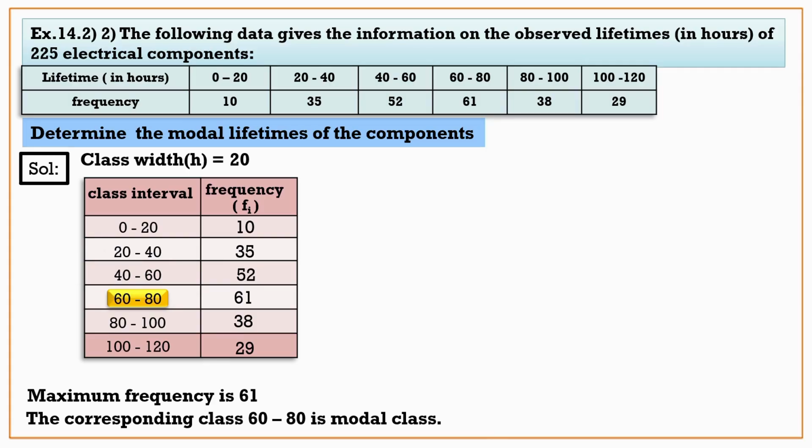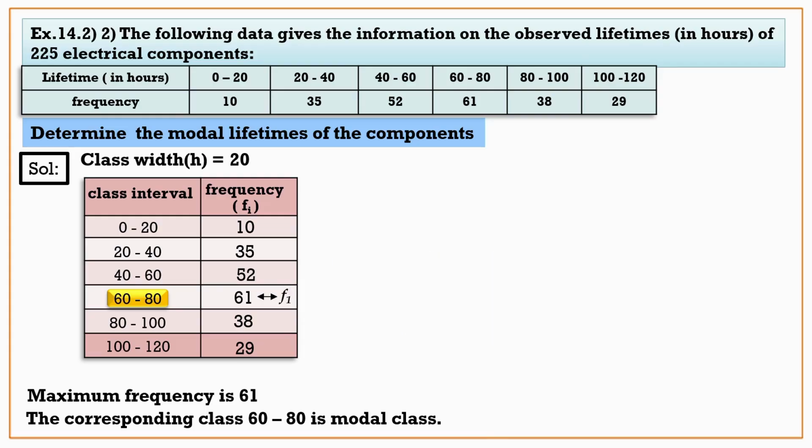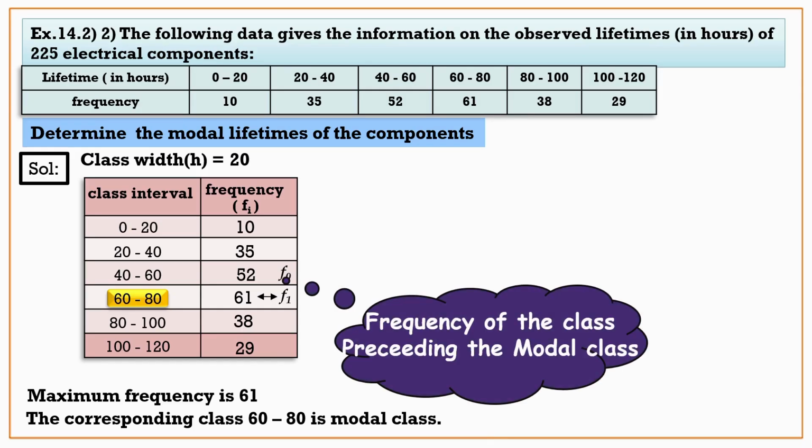So the corresponding class 60 to 80 is the modal class, that we already found. Now the frequency of the modal class is 61 here, so that is considered to be F1. F1 is the maximum frequency, so here 61 is F1. Now F0 will be the frequency of the class preceding the modal class.